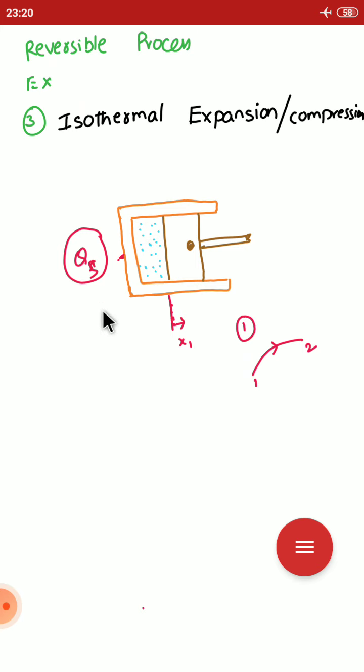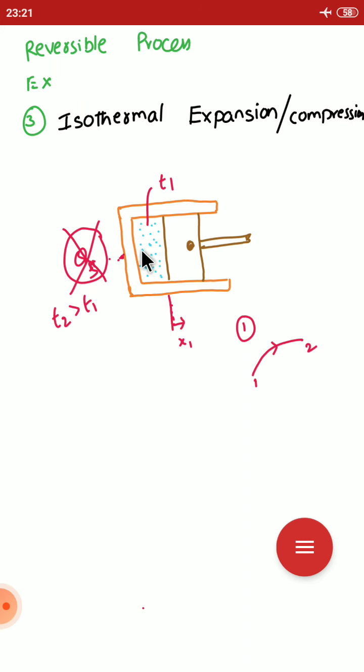Next, when we remove the heat source, initially let the temperature be T1. When the heat source temperature, which is T2, is greater than T1, because of the temperature difference, heat transfers towards the gas molecules.